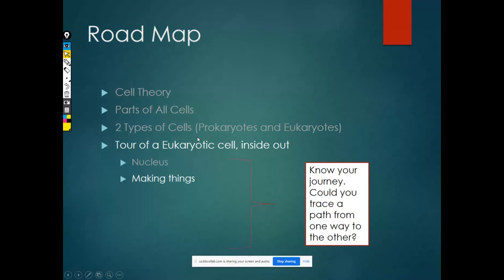Okay. So on Friday, we had just started our tour of the cell. Remember, specifically in this case, we're looking at the eukaryotic cell, which is larger and somewhat more complex. It's also the cell that you and I have.